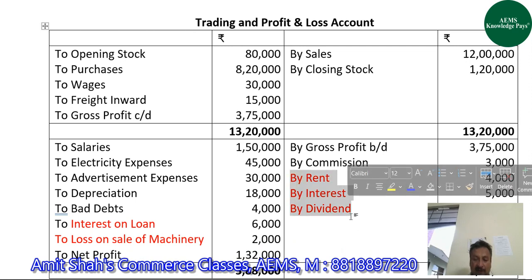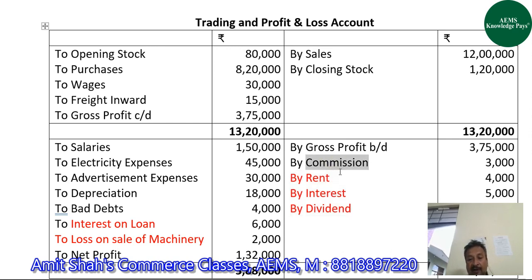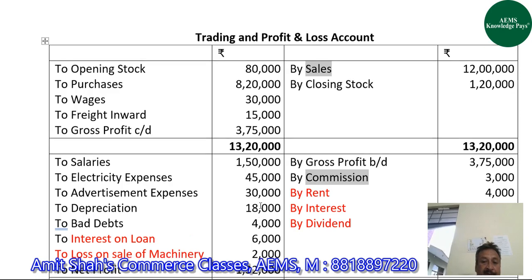They are non-operating because even though your business ceases to operate, you still will earn these incomes. But yeah, commission you will not earn. You are earning commission because you have good sales in your business. No one will offer you commission in case your own business is not working at all. I hope guys you are getting this point.